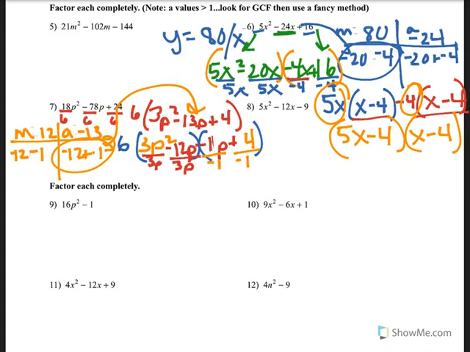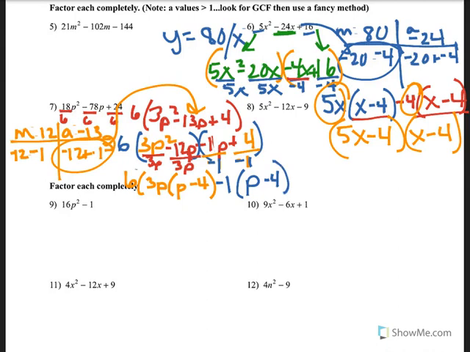Okay, so I'm going to keep my 6, bring it down, and then I know that I divided by 3p, so 3p also has to come out, and then when I divide this, I have a p, and then I have minus 4, and then I divide it by this negative 1 here, so I'm going to put the negative 1 on the outside, and then I have a p minus 4, okay?